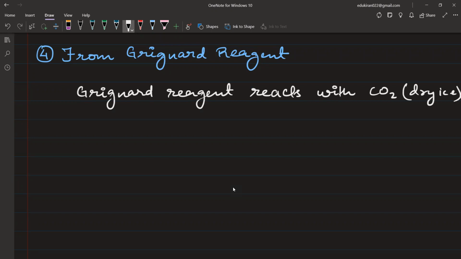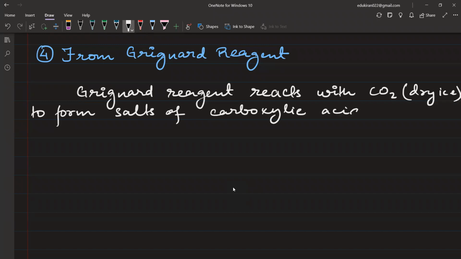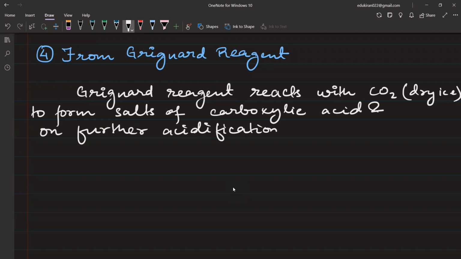Grignard reagent reacts with carbon dioxide to form salts of carboxylic acid, and on further acidification gives carboxylic acid.